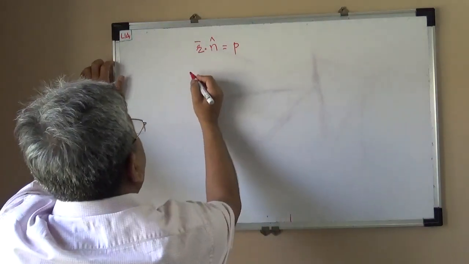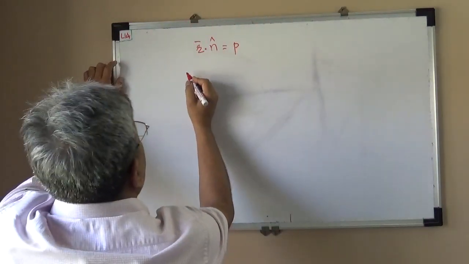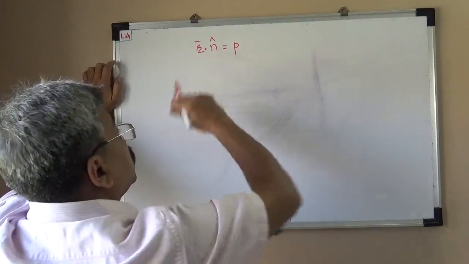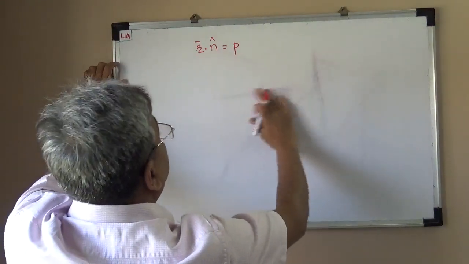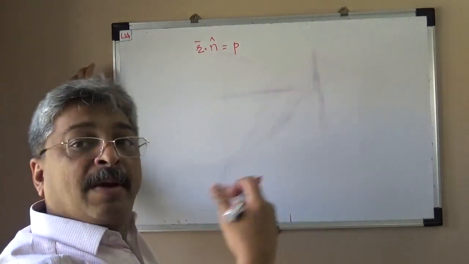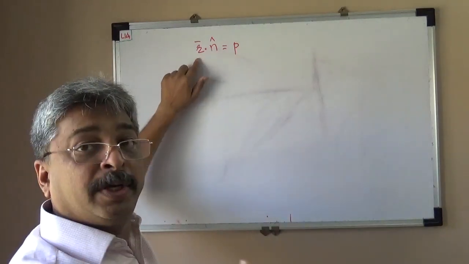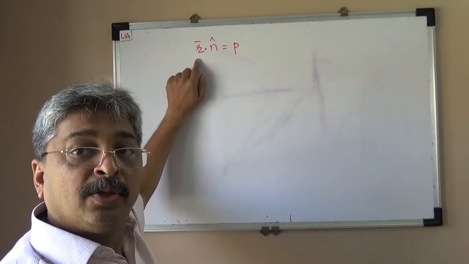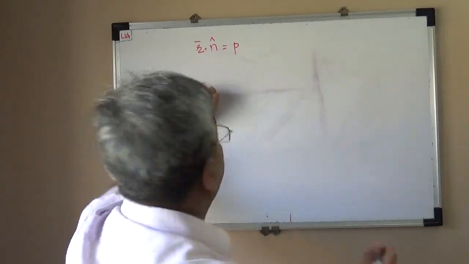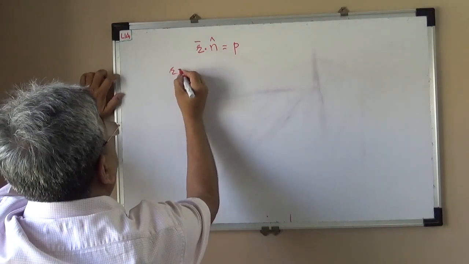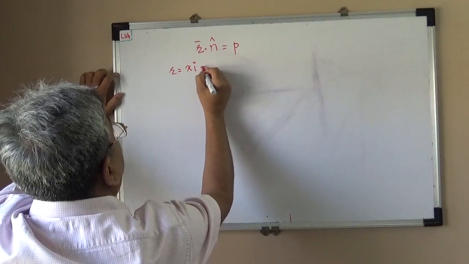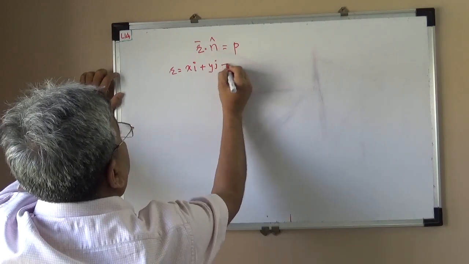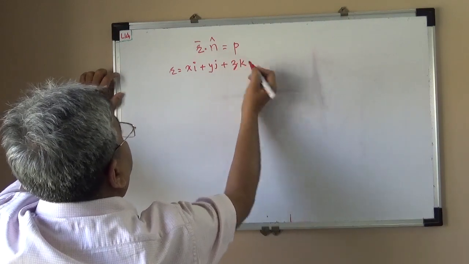Now we are supposed to convert this into three-dimensional geometry, and the procedure for all subsequent calculations is going to be the same. So I am demonstrating right now how we get into 3D geometry using what we have already developed in vectors. So r will be equal to xi plus yj plus zk.